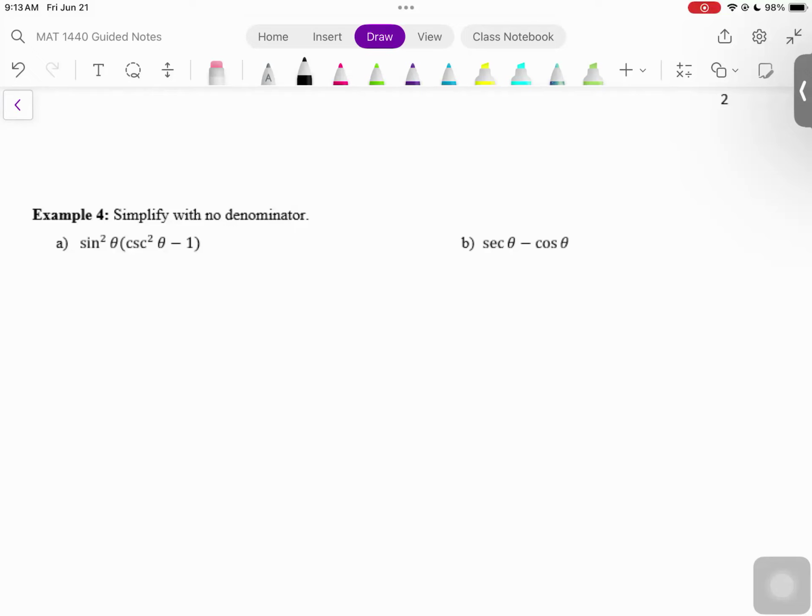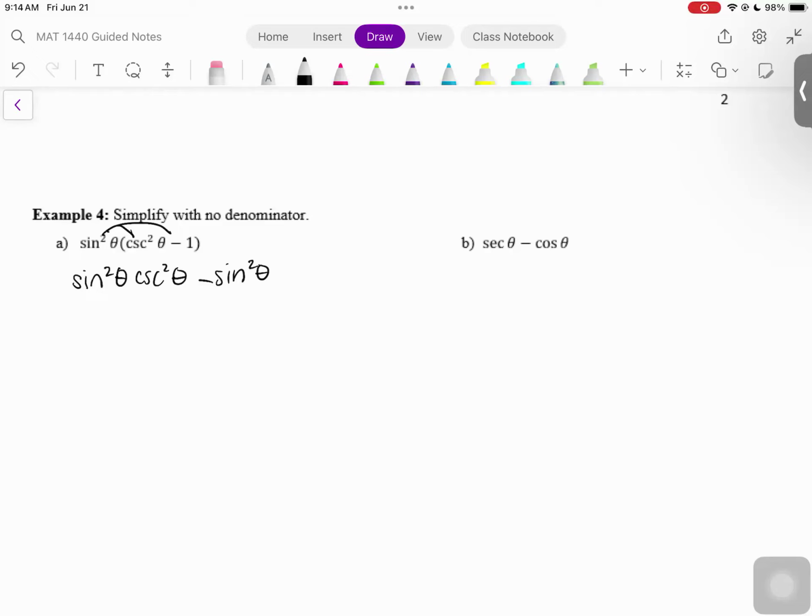Sine squared theta times cosecant squared theta minus 1. We're going to start by distributing sine squared theta. So we have sine squared theta times cosecant squared theta minus sine squared theta. Make sure you distribute that sine squared to both terms inside the parentheses. We're going to use the reciprocal identity for cosecant.